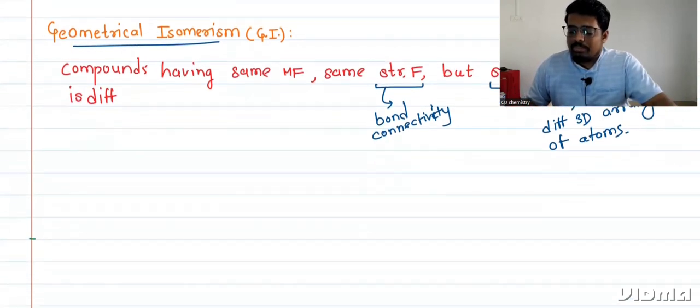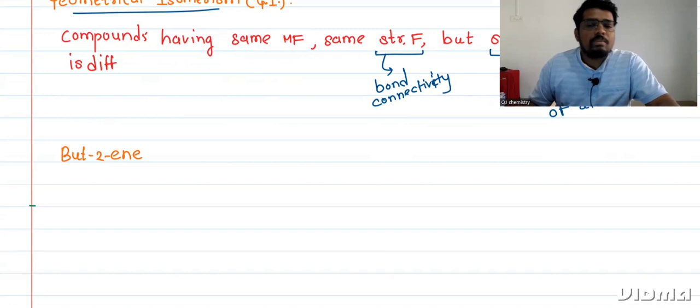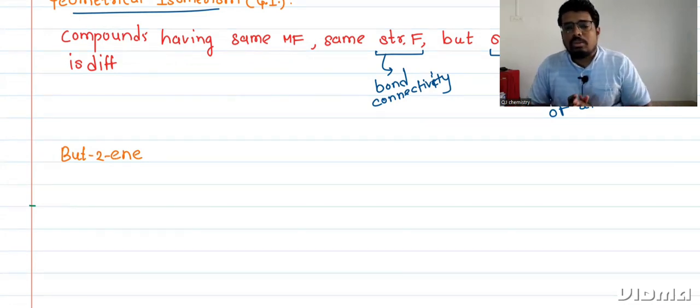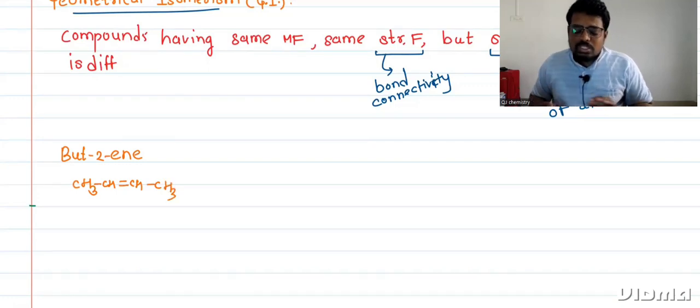So, for example, in case of butene, let us take the example of butene. In butene, there is a carbon-carbon double bond between carbon 2 and carbon 3. This is the condensed structural formula for butene. Now, let us draw the complete structural formula for butene.